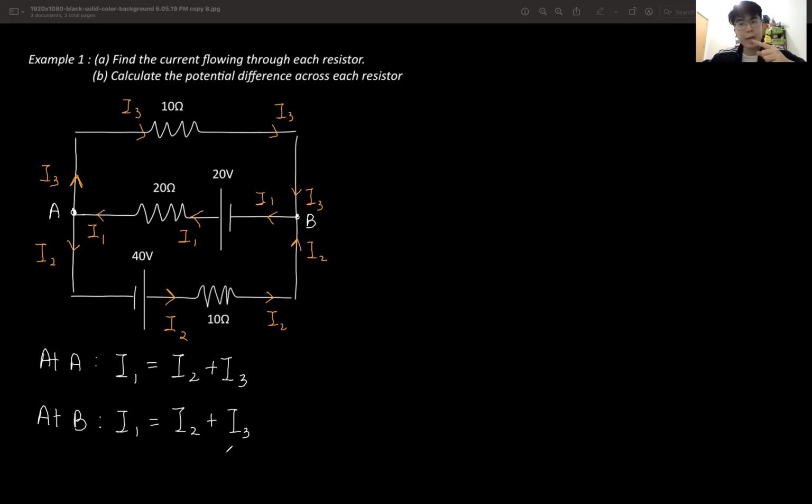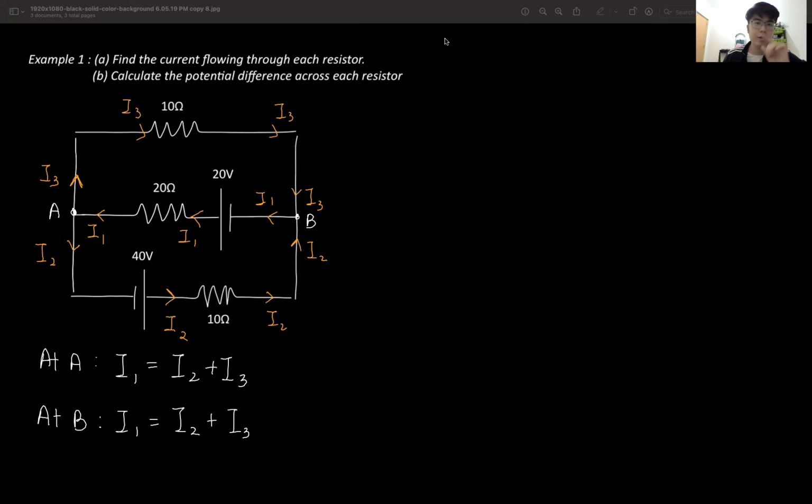Okay, because we don't want current going in and like that. In one branch, like got two different directions. We don't want that. Okay, in any branch, there must be one direction. Okay, so we are going to use this current direction to do our second law.